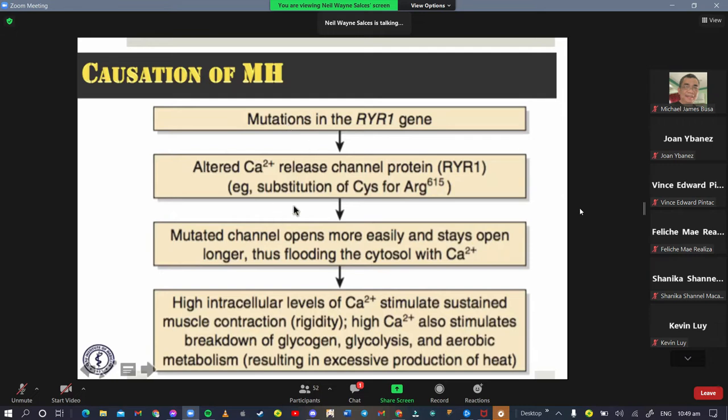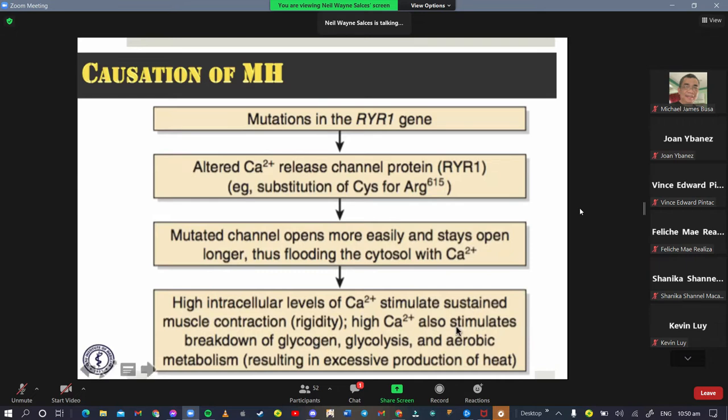So what happens when there is a mutation in the RYR genes is that there will be alteration of the calcium release channel protein. Basically, there will be substitution of your cysteine for arginine. And the mutated channels open more easily and stay open longer, thus flooding the cytosol with your calcium. When you have high intracellular levels of calcium, they stimulate the sustained muscle contraction that causes rigidity.